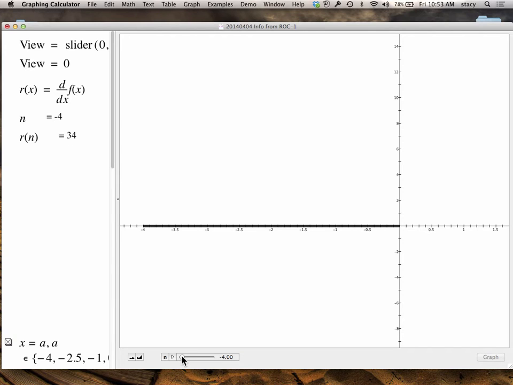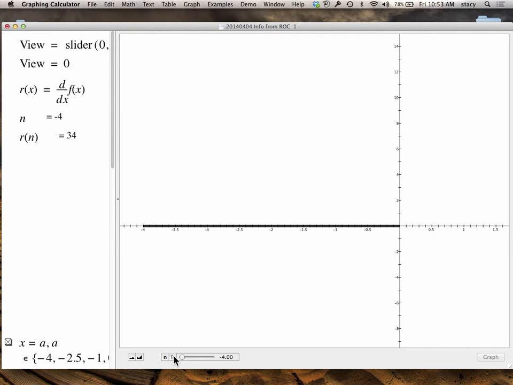Okay, so now I'm going to move my slider so that n ranges between -4 and -2.5. And I want you to pay attention to what happens to the rate of change value. Okay, so I'm going to move it. So what's happening to the rate of change?